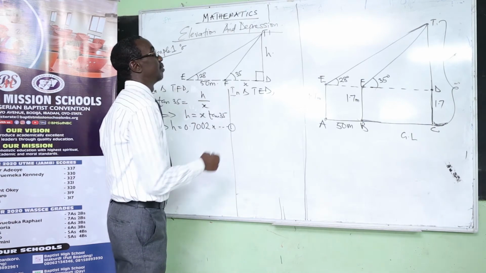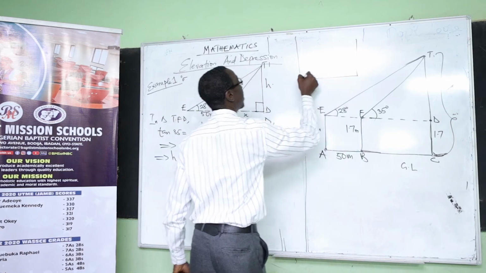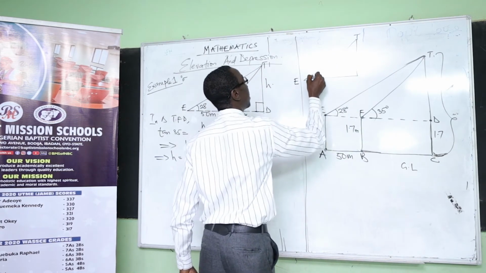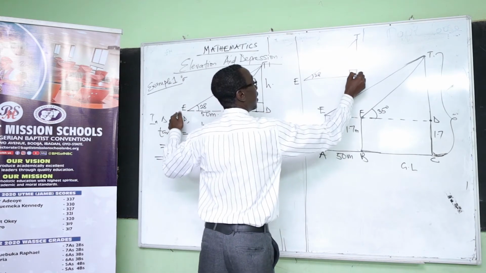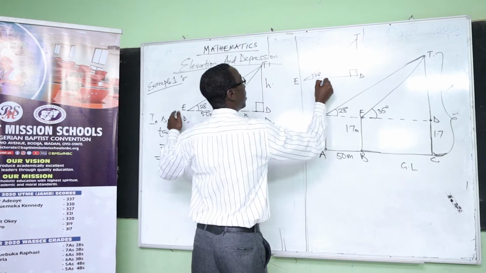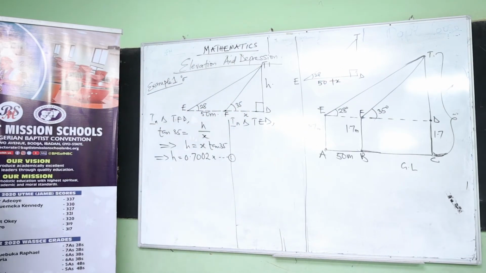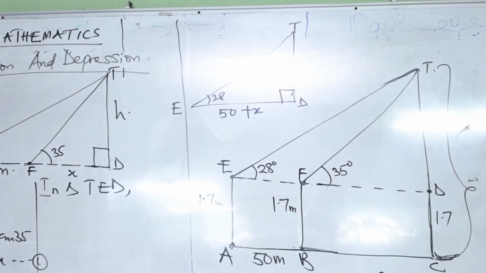What's ED now? ED will be 50. If you look at this, this is TED, so that you will see what I'm saying. This is 28. The ED here will now be 50 plus x. It was standing before. It was already away. It will even be wrong, except the question says it expressly.